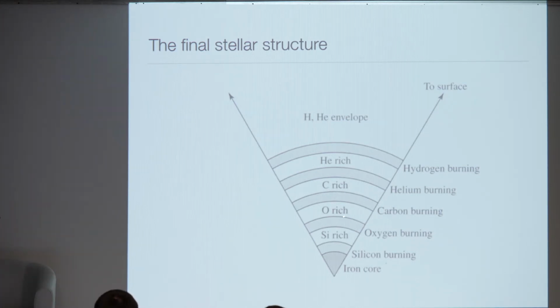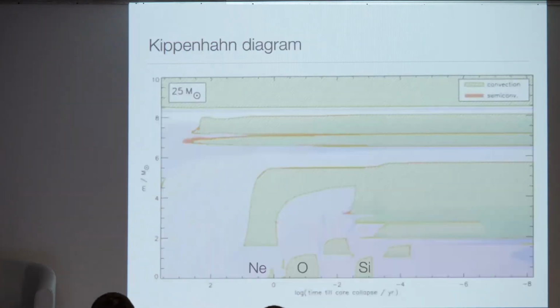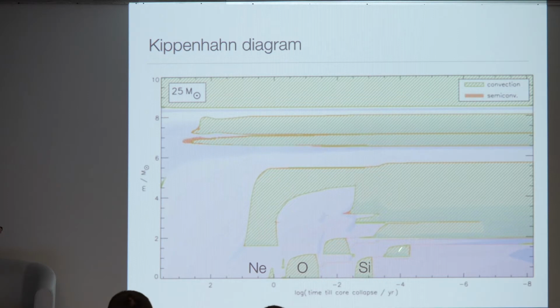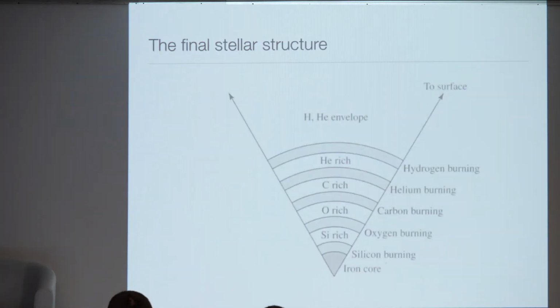There should be a boundary between the silicon-rich region and the oxygen-rich region, and at the boundary the temperature may be high enough to burn the oxygen, not the silicon, and that is causing this convection. These convections come from the shell burning, and then we have the hydrogen-rich envelope at the surface, and this is basically the final structure of a massive star.